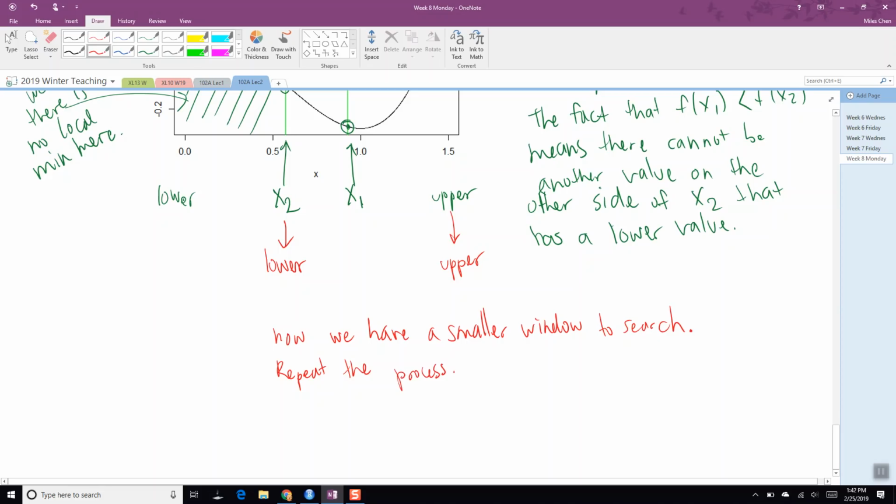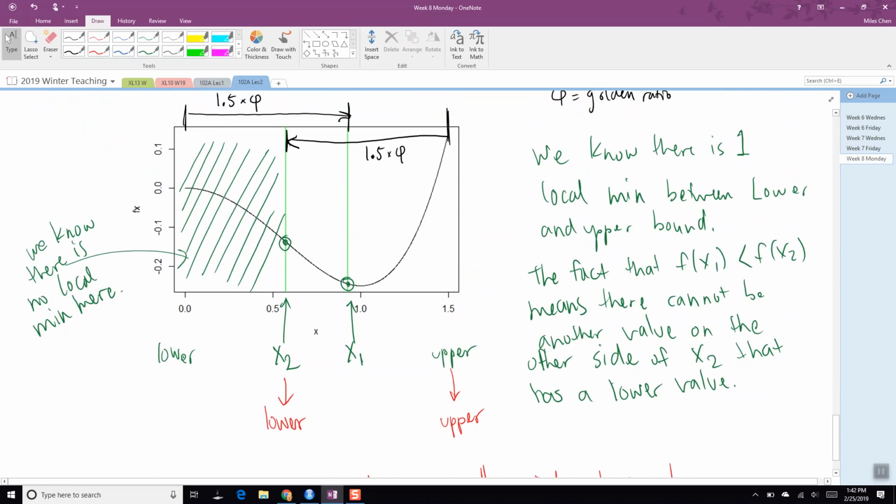Okay, but here's the amazing thing: because we've used this golden ratio, with the property that 1 divided by 0.618 is 1 plus 0.618, this location x1 that we have here becomes our new x2, and the distance from the upper to x2 is going to be exactly phi, the golden ratio, times the distance from the upper minus the lower.